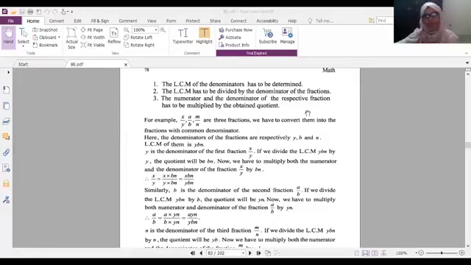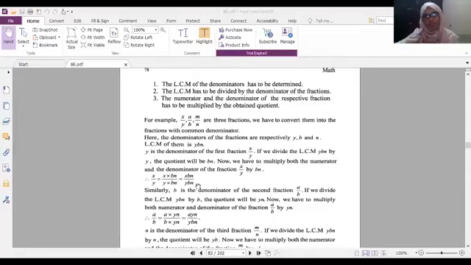Here, the quotient is bn. Now, this numerator and denominator of this fraction multiplied by this quotient, we get x into bn by y into bn. Here we see x by y is equal to x into bn by y into bn is equal to xbn by ybn.